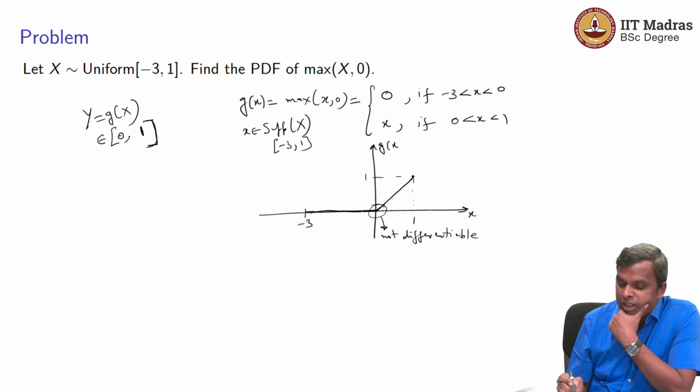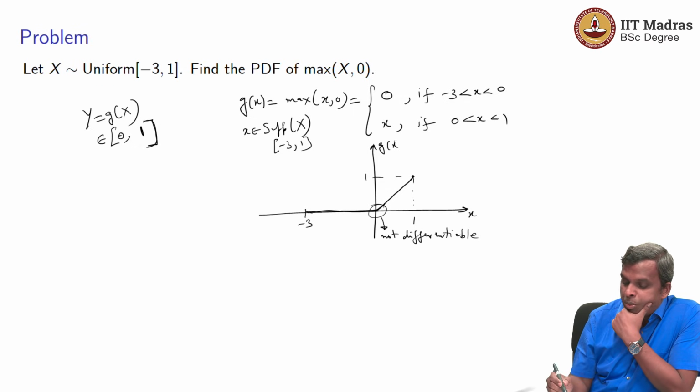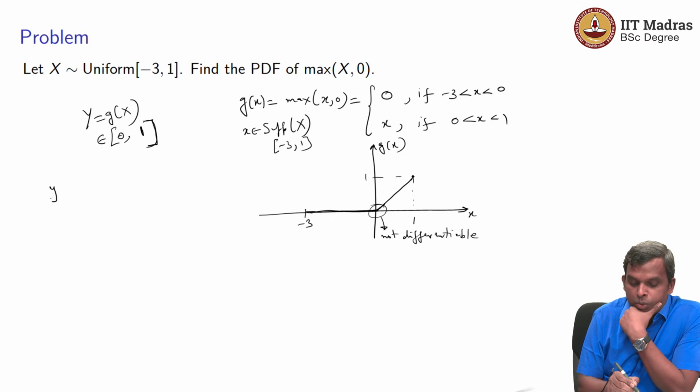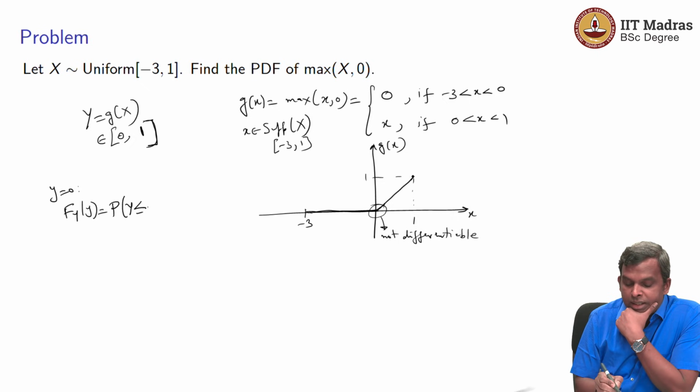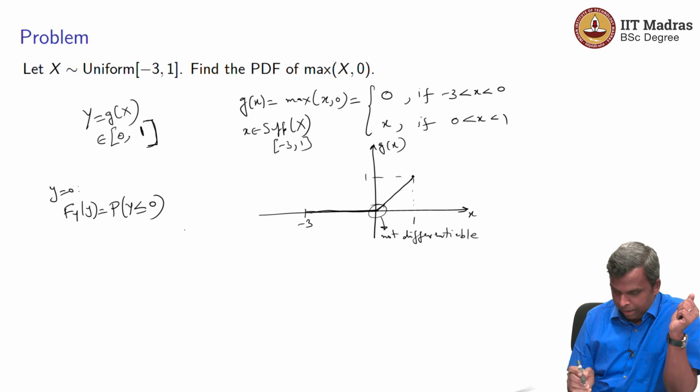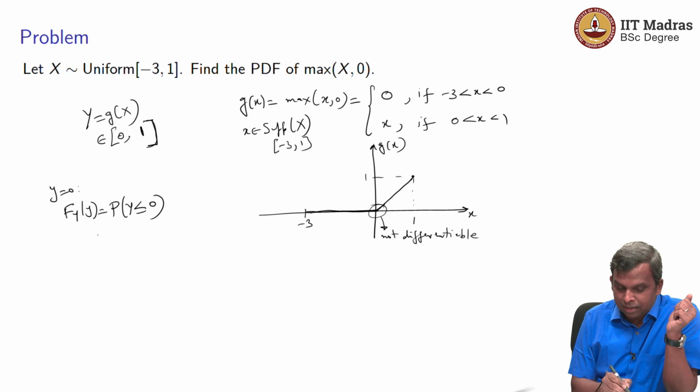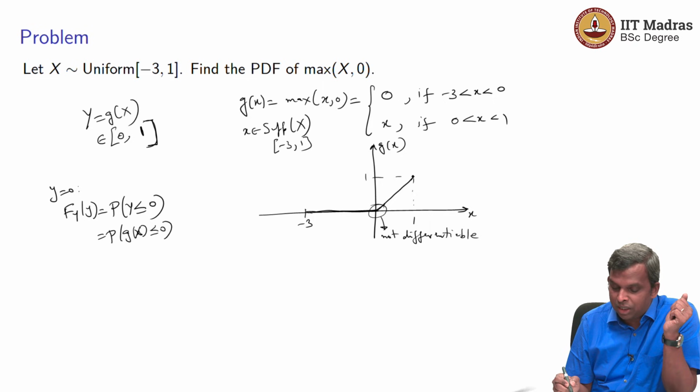So now here you notice there is something strange about y equals 0. When y is 0, notice what happens. Fy of y is the probability that y is less than or equal to 0. So if y, which is g of x, is less than or equal to 0, what is the range of x for which this is going to happen?